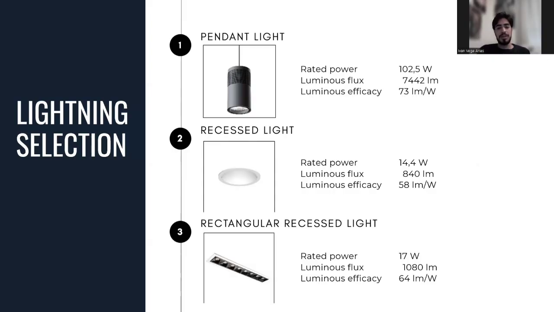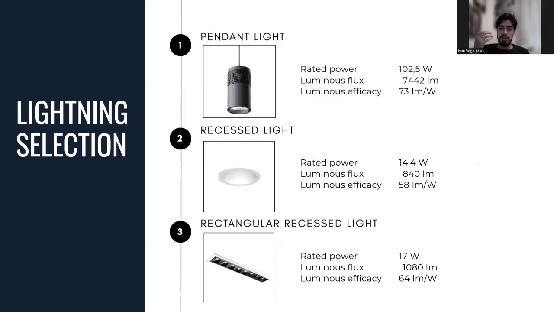Then we have a recessed light or downlight and a rectangular light. These two recessed lights have less power and a good luminous flux, but they do not have the luminous efficacy of the pendant light.